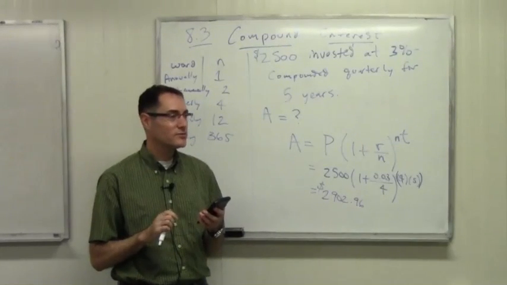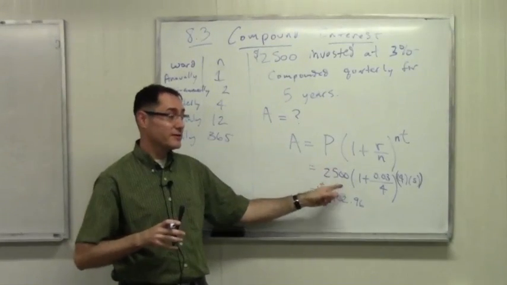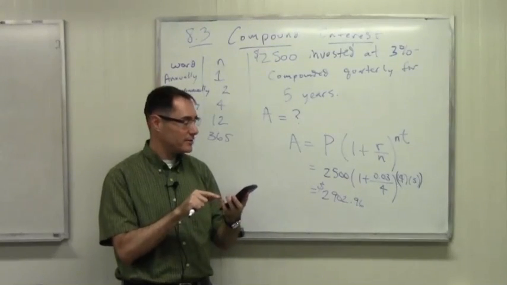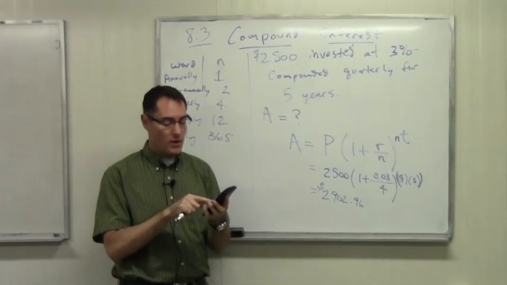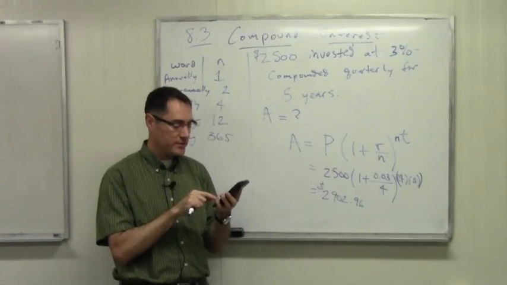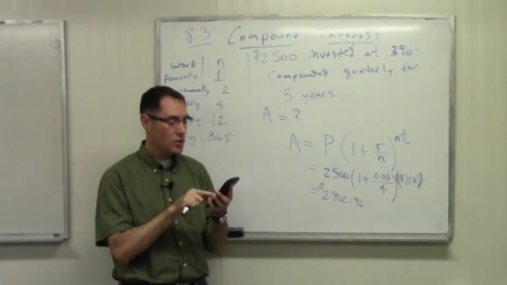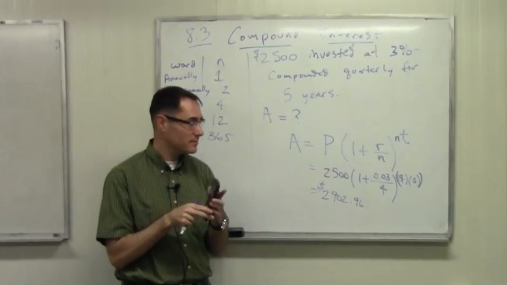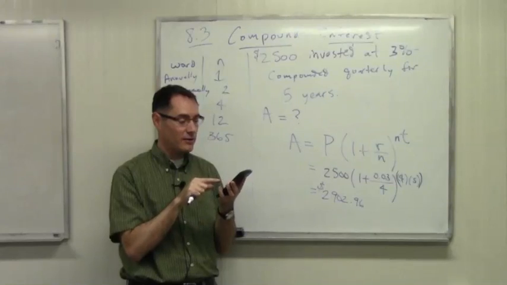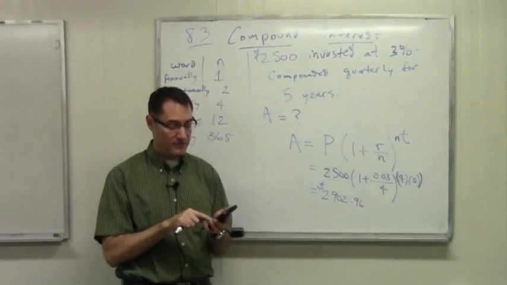Did you guys in the back row get this one? Robert, did you get this one? No? Let's type it together in the calculator. First of all, did you get the numbers down in the right formula? Yeah, okay. Let's do it together. 2,500 times, open parentheses, 1 plus 0.03 divided by 4, close parentheses, caret, the little caret, which is the raised to the power, another open parentheses, 4 times 5, close parentheses.